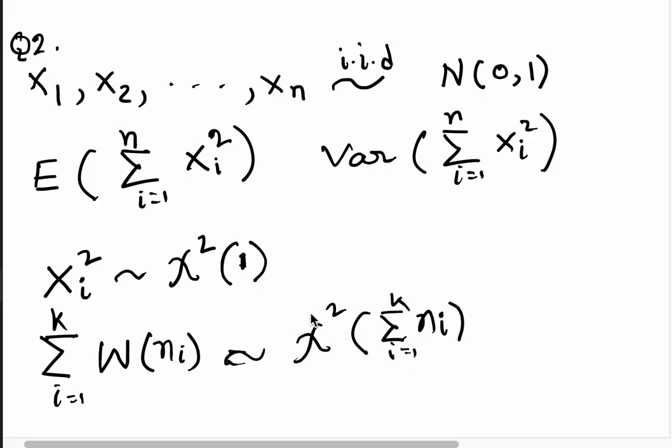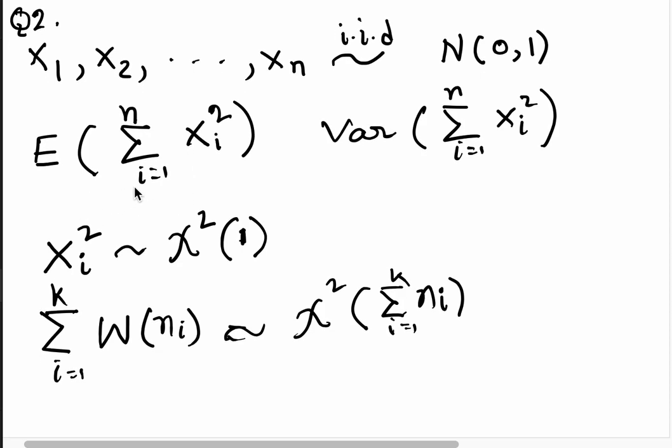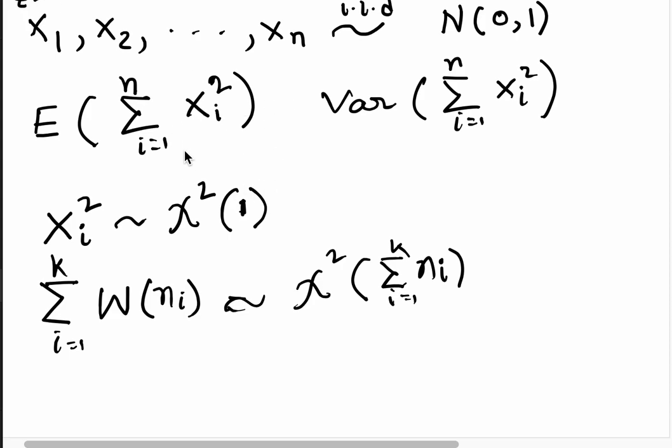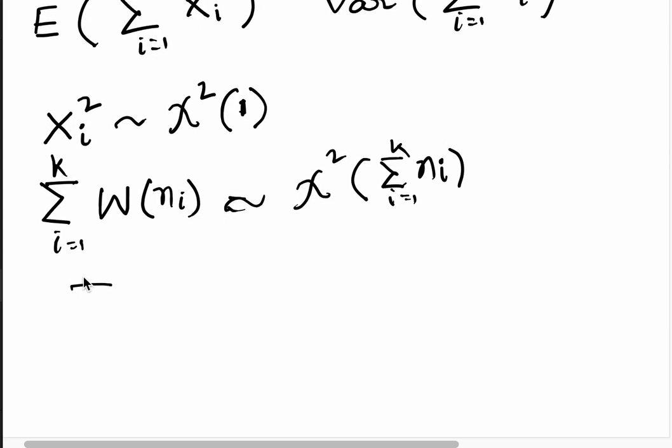So that means if there are n independent random variables, and if each x_i square follows a chi-square 1 distribution, then the summation of all these n will follow, that means suppose a random variable y denotes the summation i equal to 1 to n of x_i square.